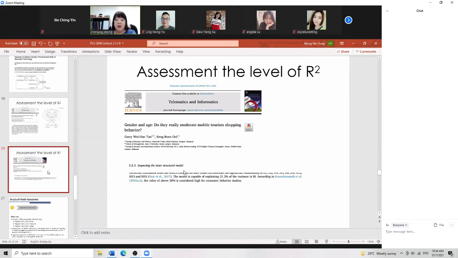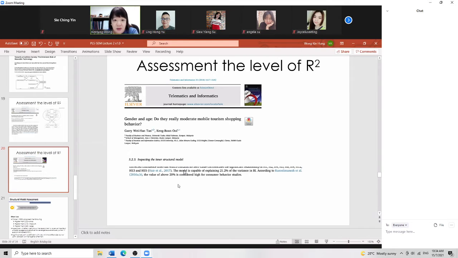All right. So this is the assessment of R2. Another interpretation. All right. The model is capable of explaining 21.2% of the variance in BI. According to this person, a value above 20% is considered high for consumer behavior studies.